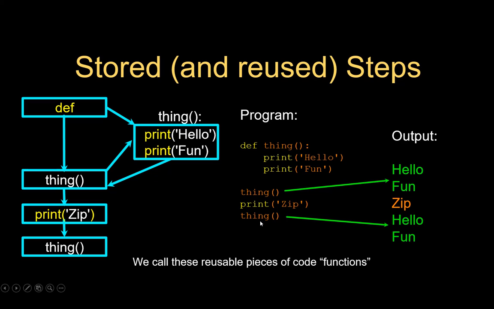So that's how we define a function. We write a repetitive piece of code inside of it that we can invoke several times in different places in our program, and that's how we call or invoke it basically.